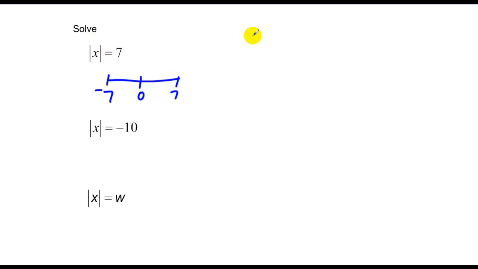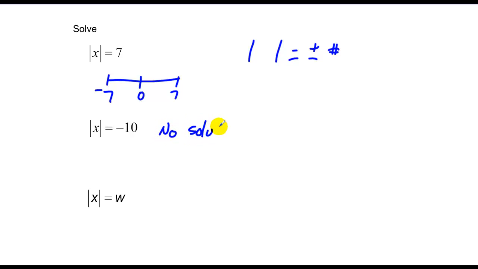So this absolute value really is equivalent to some positive and negative number. If I say, what number is negative 10 units away from 0, well, a negative distance makes no sense. We say there's no solution here.